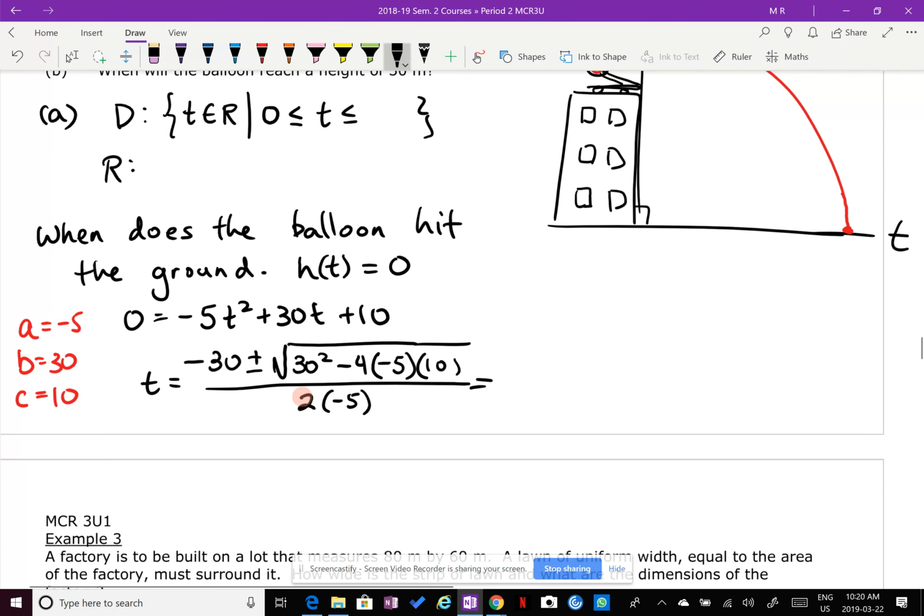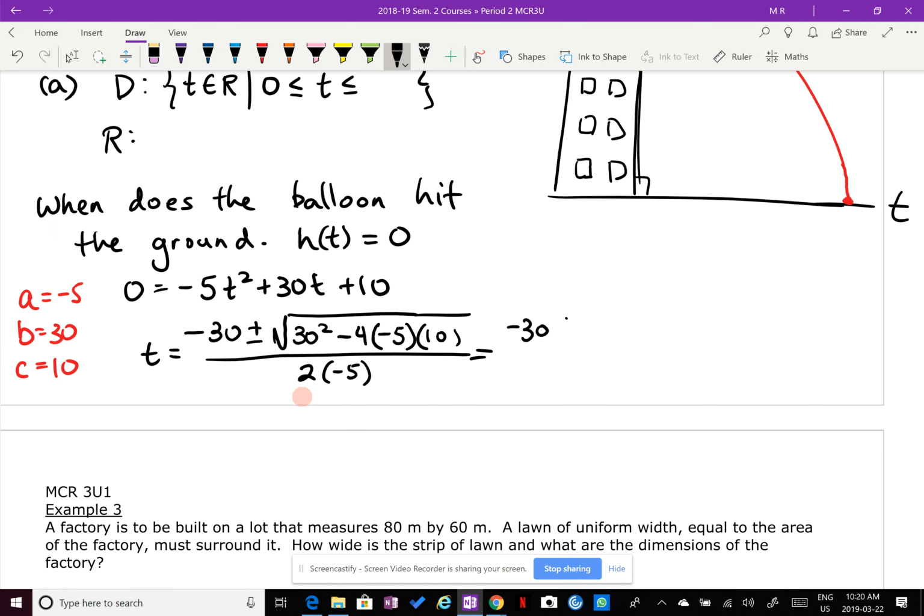Simplifying this, we get negative 30 plus or minus the square root of 30 squared, which is 900. 4 times 5 is 20, times 10 is 200. So 900 plus 200 is 1100, all over negative 10.